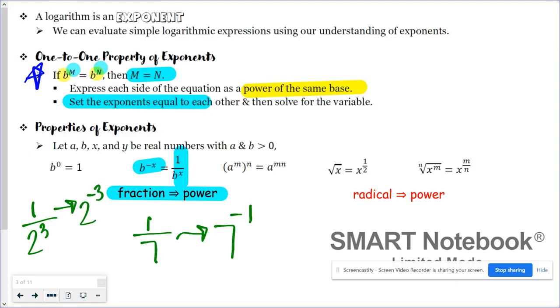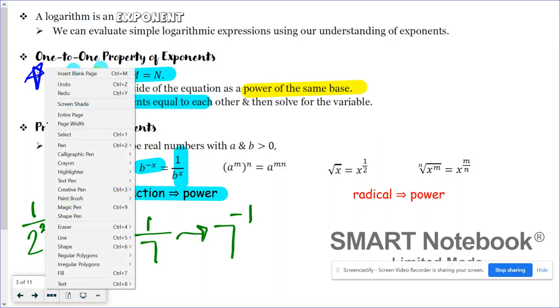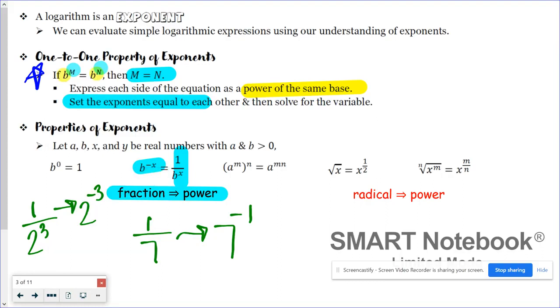Okay. And so that's how I'm going to take simple fractions that are 1 over a number and write them as an exponent, with a base and an exponent. And then I have these other rules over on the right-hand side that deal with radicals. So we all know the square root of x is x to the 1/2 power.